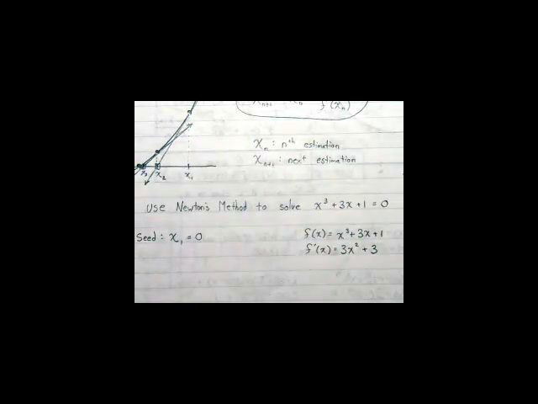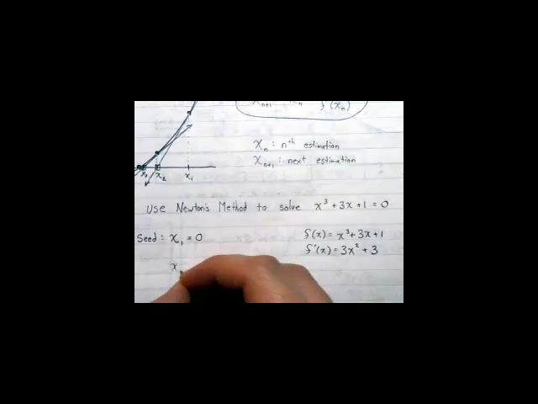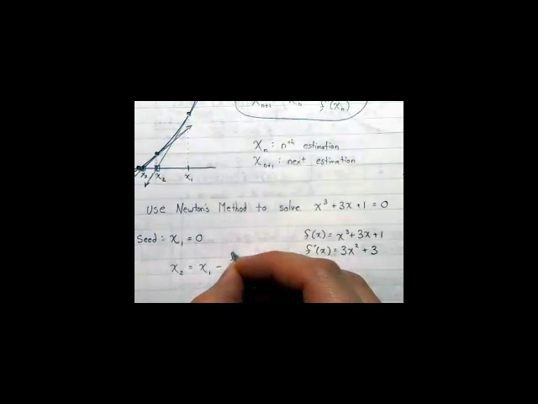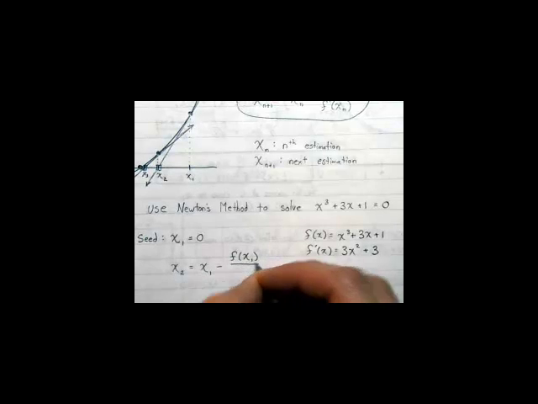Okay. So to find the next estimation, x sub 2, we're going to go through this little formula here. So x sub 2 is equal to x sub 1 minus f of x sub 1 divided by f prime of x sub 1.